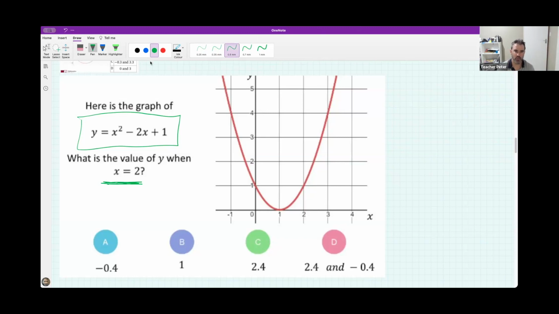So when x is 2, visually I would see it here, and on the graph, it goes with 1. So I get 1. And just to make sure that algebra is telling the same story, let's just quickly check it.